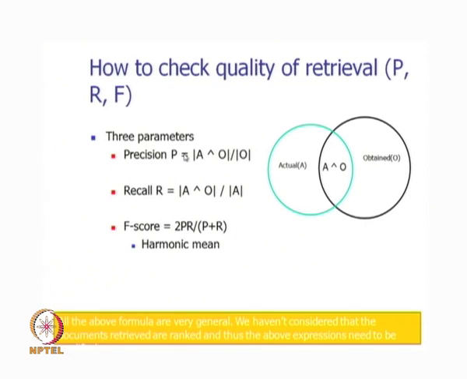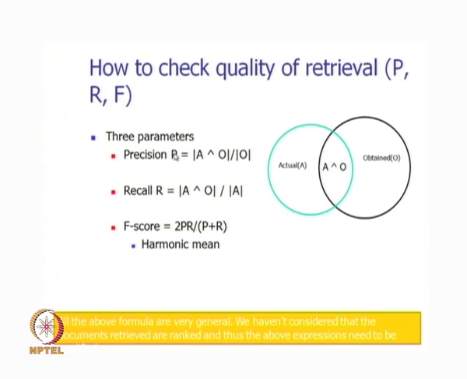We recapitulate the method to find out the accuracy and the quality of the retrieval. There are 3 parameters, namely precision, recall and F score, which are used to calculate the accuracy of the retrieved documents.